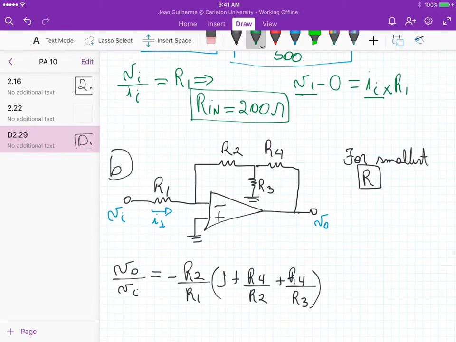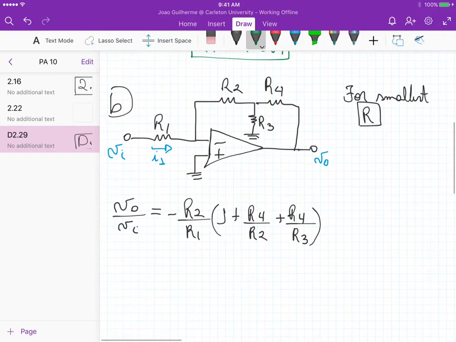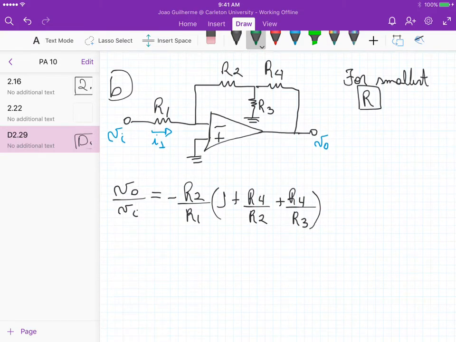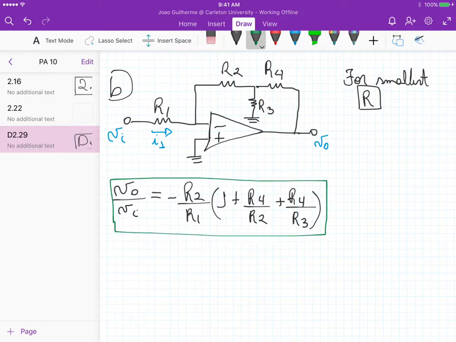For part B, we have this four resistor circuit. For this four resistor circuit, the voltage transfer function is defined by this equation here. We need to define the values of R to get the smallest R possible.